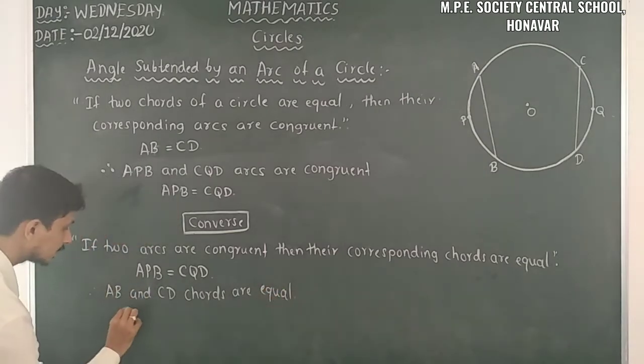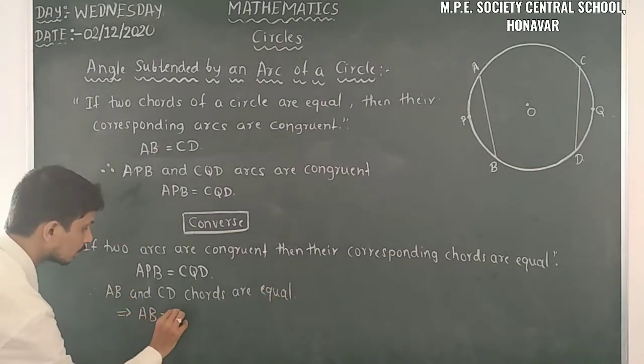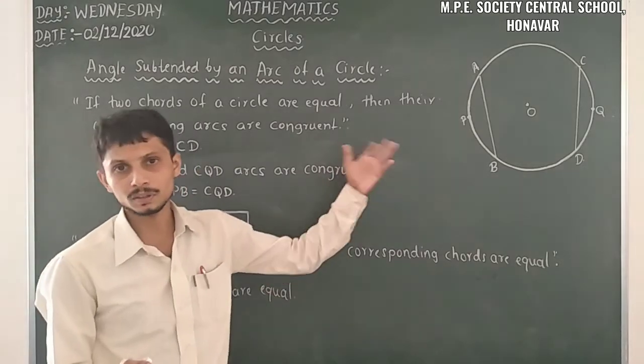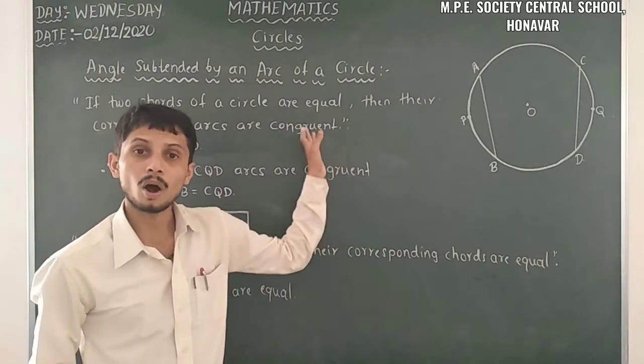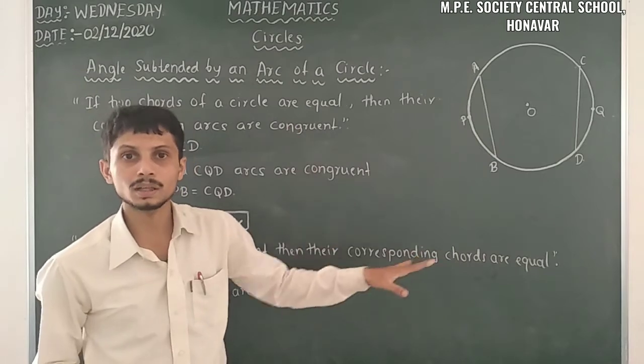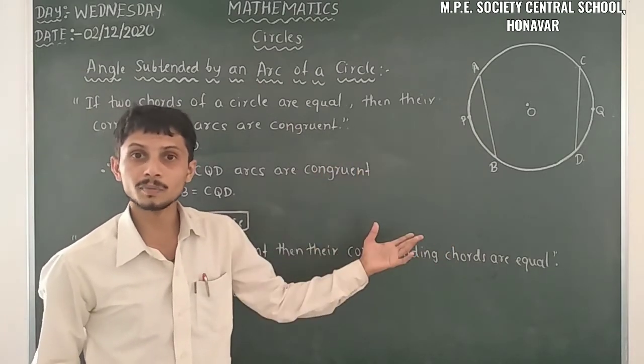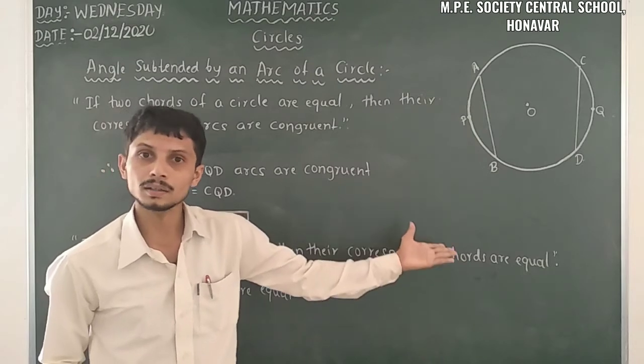This implies AB is equal to CD. Whatever number of chords you draw, if the arcs are equal, the chords are equal in length.